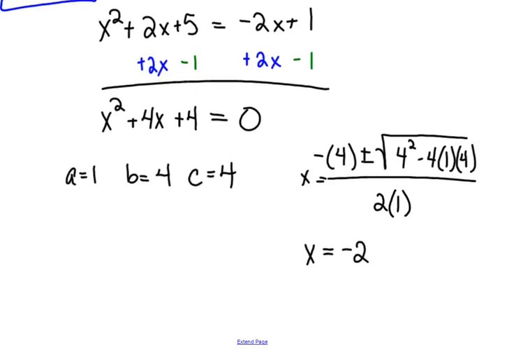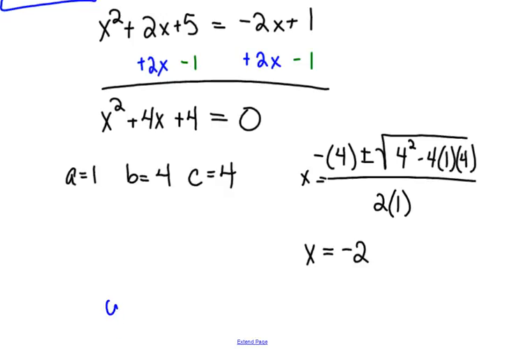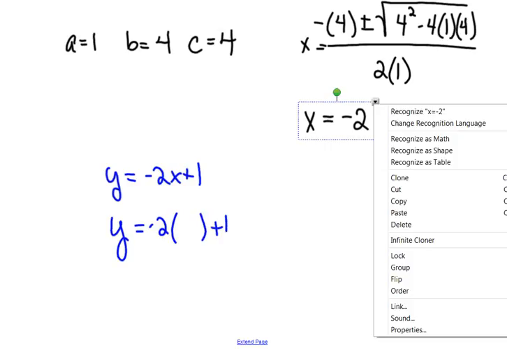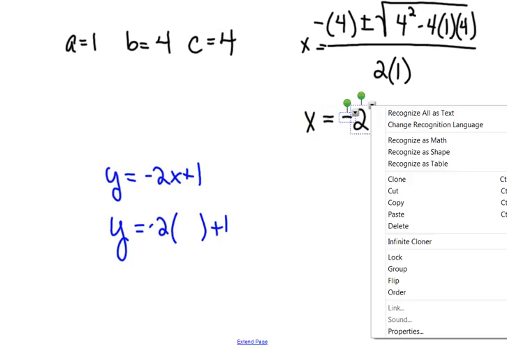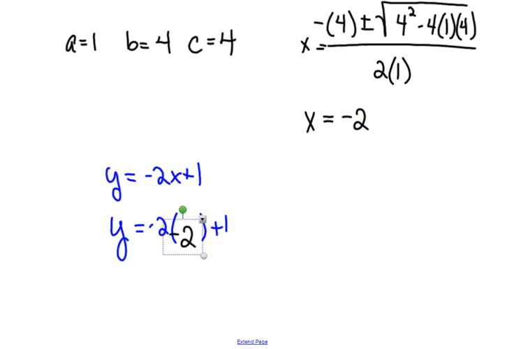Right? So I'm going to use that equation up there, negative 2x plus 1. So y equals negative 2x plus 1. All right? And I'm going to take this negative 2 right here and stick it inside there, and I'm going to find the value of y.